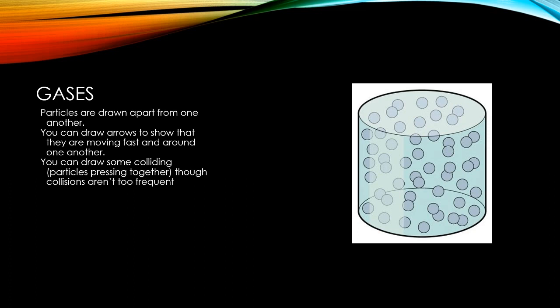If you haven't captured the three drawings that I showed, it's really important to go back right now and grab those, because that's probably the most important piece of the puzzle from this particular video. You're going to see a lot of problems where it asks you to draw a representation of a solid, a liquid, or a gas.